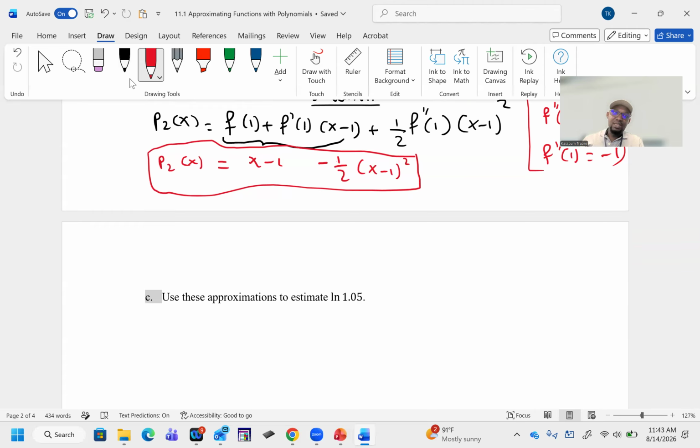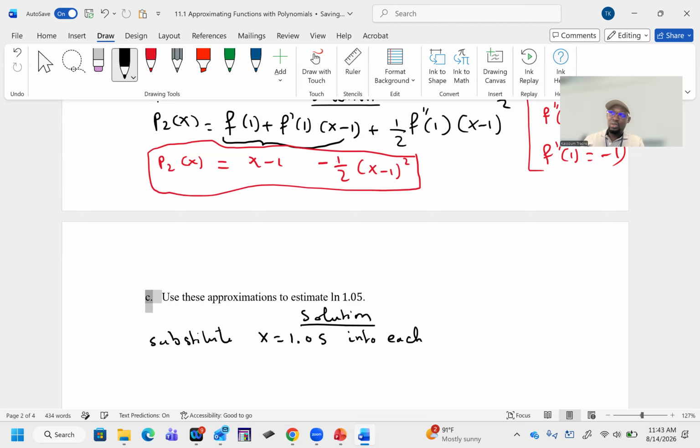So to approximate ln of 1.05, we substitute x equals 1.05 into each polynomial approximation.